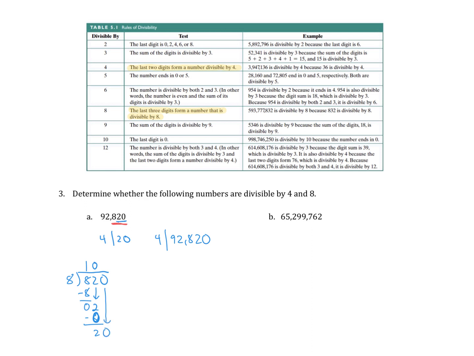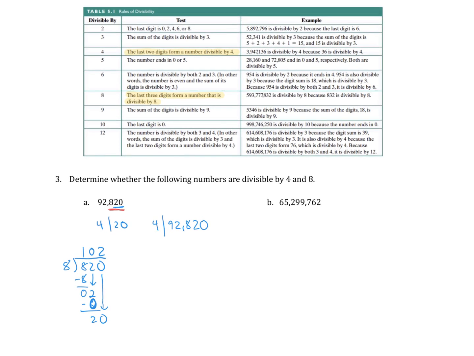And then I ask myself, how many times does 8 go into 20? And it goes in twice. Then I multiply 2 times 8, and I get 16. Then I subtract, and I get 4. I don't have any more numbers to bring down, so that's a remainder.